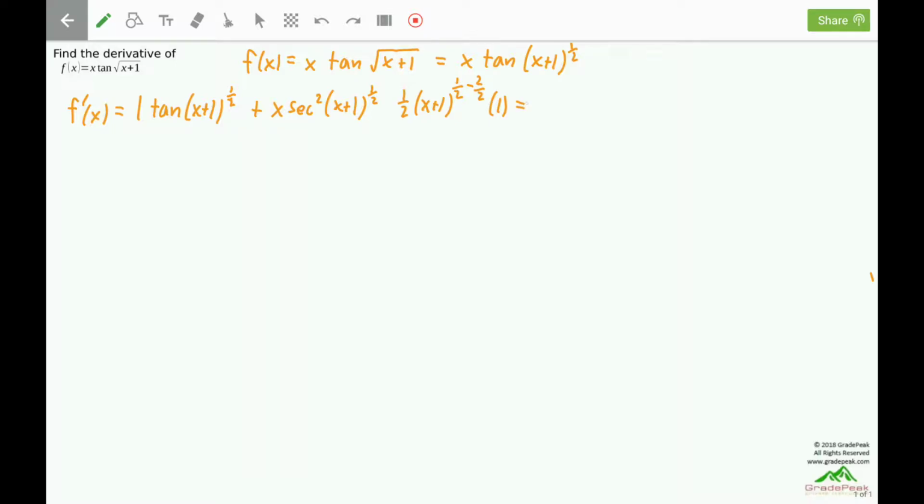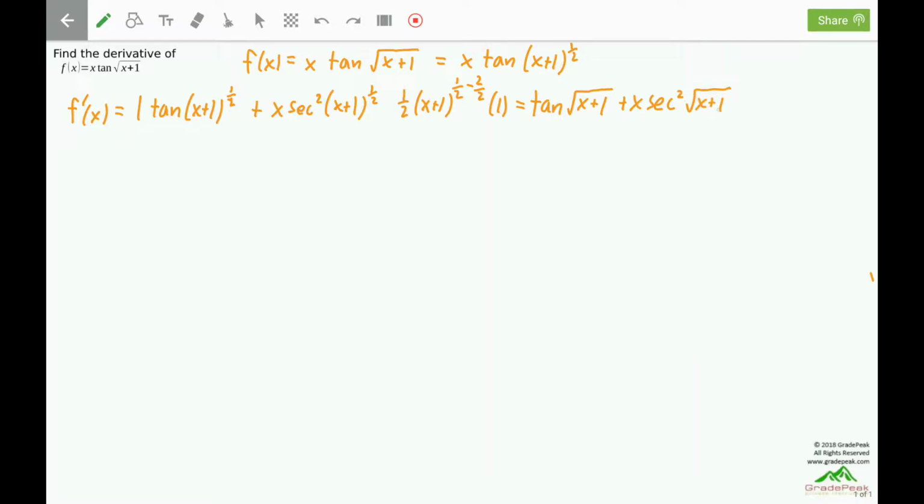In our next step, we will rewrite, we have the tangent of x plus 1 to the 1/2. We can turn that back into a square root of x plus 1 to the first power because we've taken the derivative. We only rewrote it so we can take the derivative. And then we have plus x times the secant squared of, again, an x plus 1 to the 1/2.